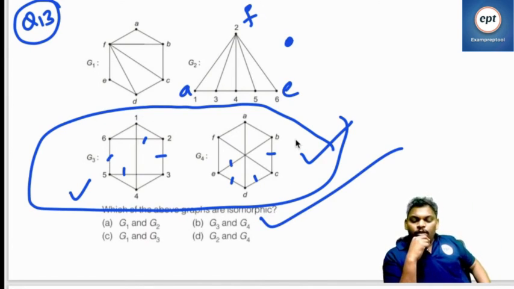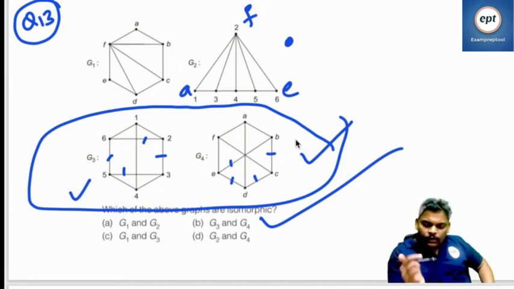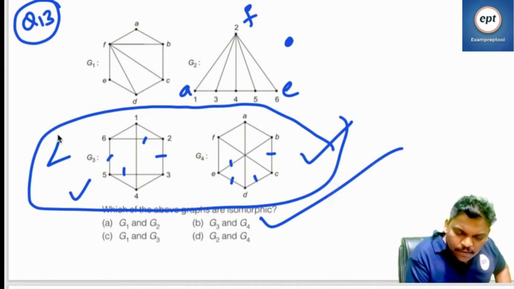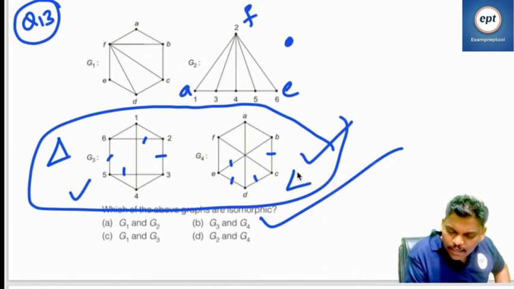Now one small question I want to ask you. Does G3 contain a triangle? Does G4 have a triangle or not?